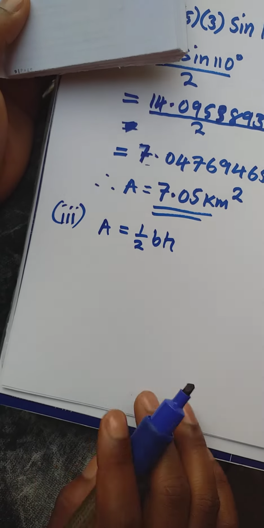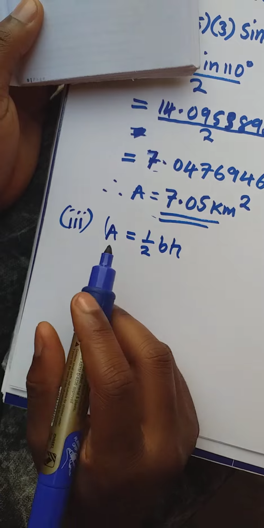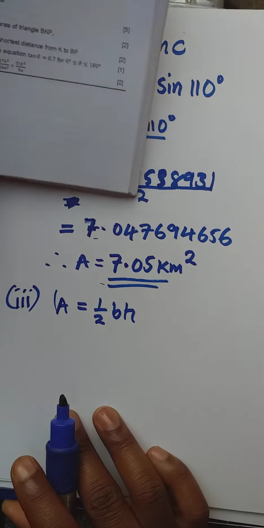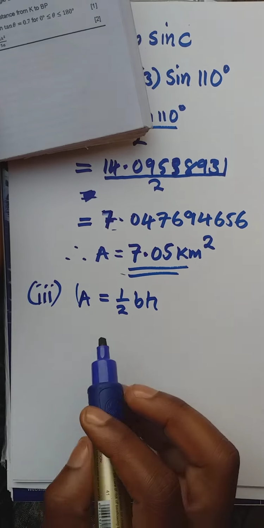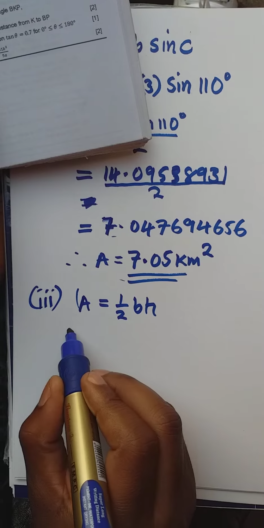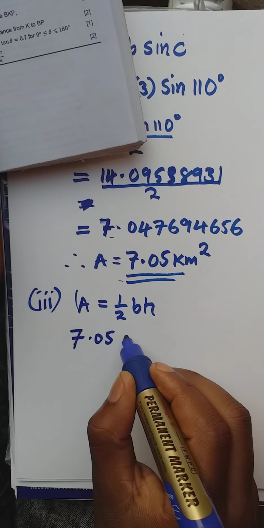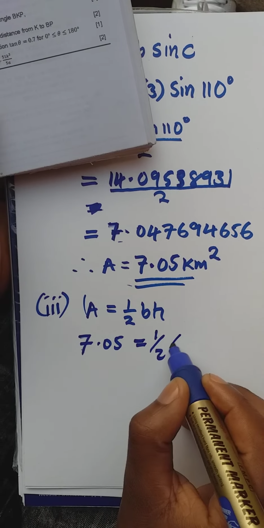The reason why we are introducing this formula is that they want us to calculate the shortest distance, and shortest distance simply means calculate the height of the triangle. So the area we have already calculated is 7.05, and then half times.